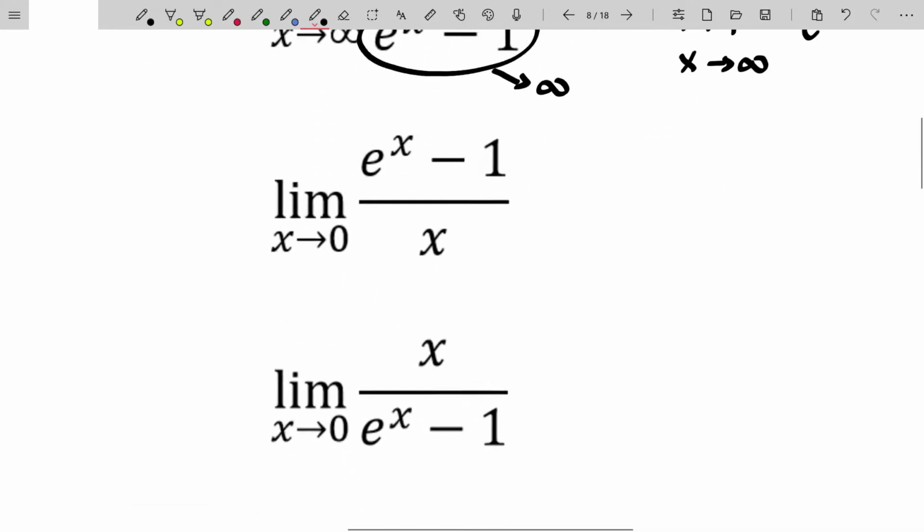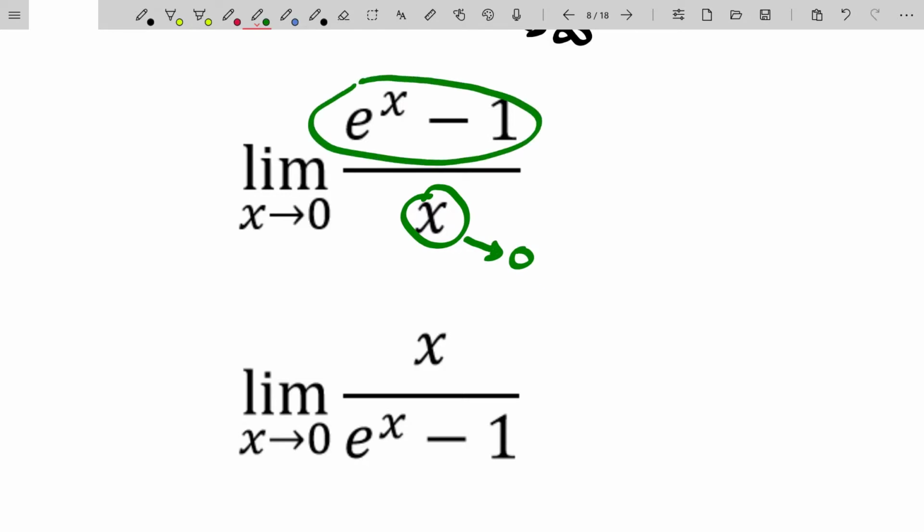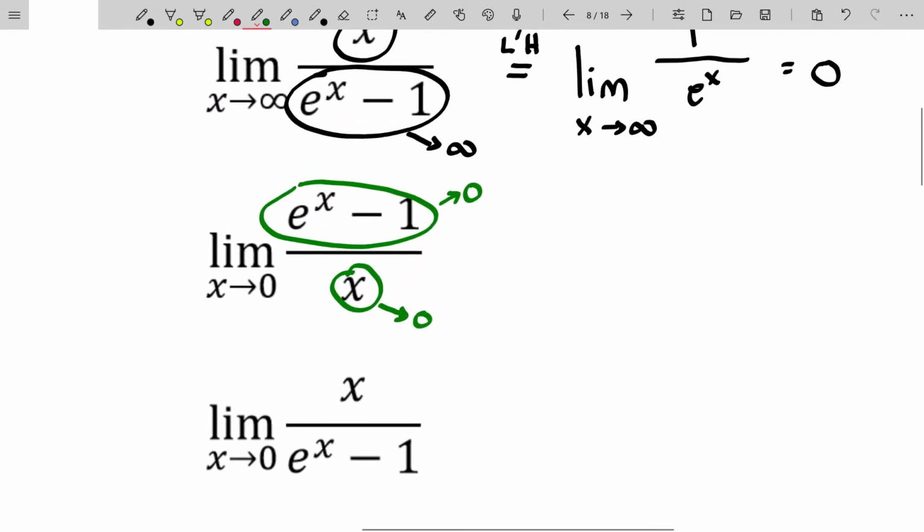Now let's take a look at as x is approaching 0. Well, as x approaches 0, it's pretty easy to see that this denominator obviously is approaching 0. And this numerator will approach e to the 0th, which is 1, minus 1, which is also 0. So this is indeterminate of form 0 over 0, and we can use L'Hopital's.